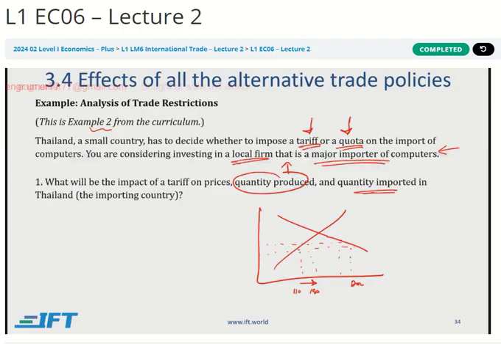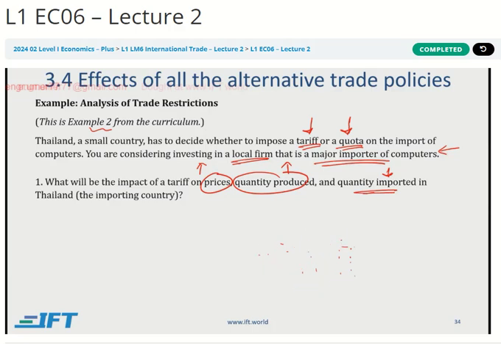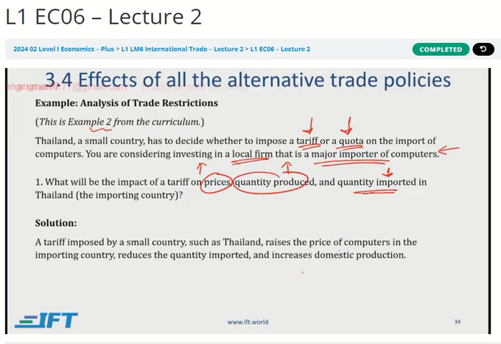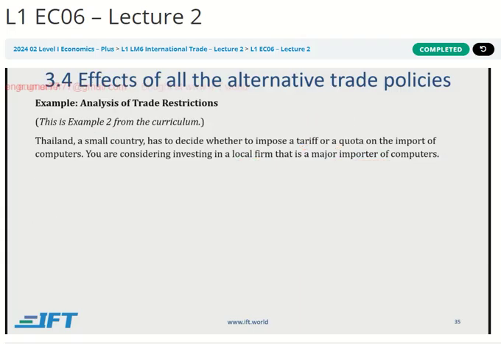First of all, the demand goes down. Overall demand goes down because the price is going up. So the overall quantity imported will be going down and the prices will be going up. So prices will be going up, quantity produced locally will be going up, and quantity imported will be going down.